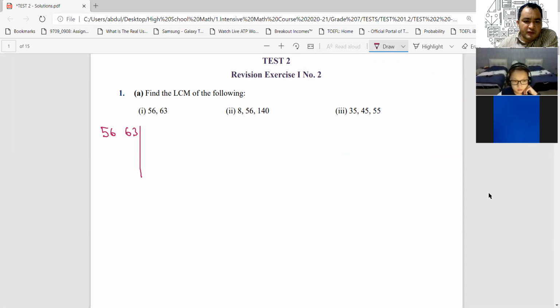So first divide by 2, and actually it's not a common factor. Okay, it's 28 and 63. So we can divide by 2. Still, it's not a common factor. It's 14, 63, right? Now I can see the common factor. What is the common factor here? It is 7. If you divide by 7, here we have 2, here we have 9. And 2, 9, they don't have any common factor. We should stop here, right?